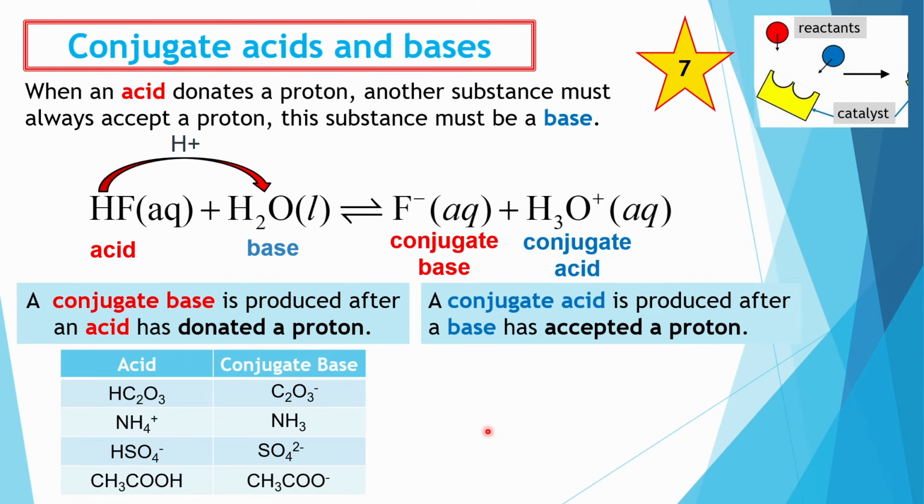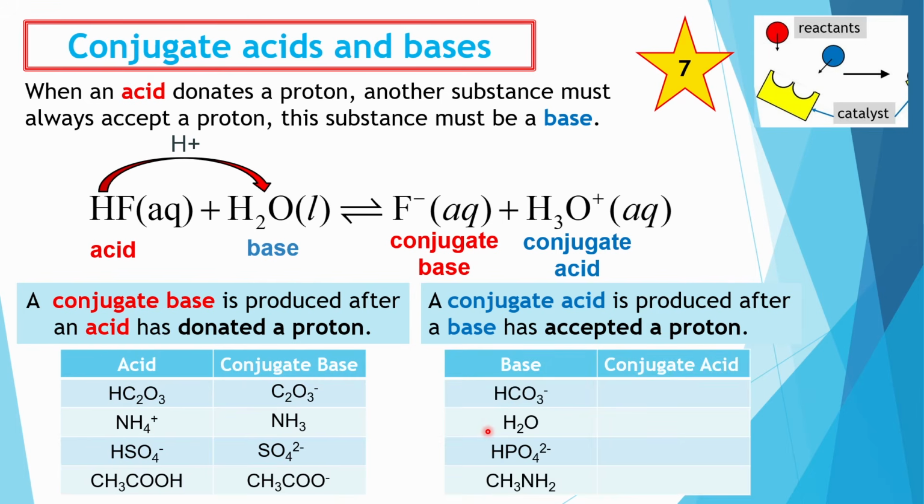A conjugate acid is produced after a base has accepted a proton. So if I have a base and its conjugate acid, in this case it's accepting a proton, so it gets one more hydrogen and one more positive charge. So in the first case we have HCO3, it's going to become H2CO3. Okay, no charge because the positive cancelled the negative.